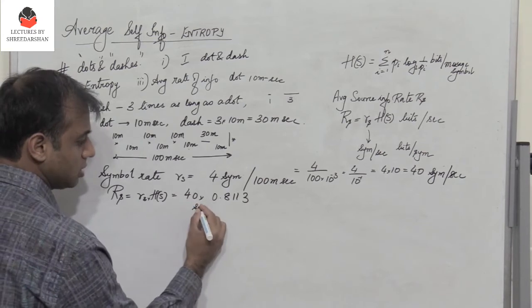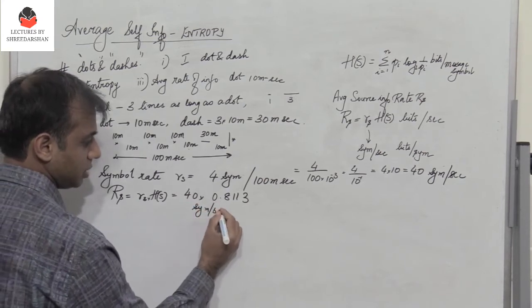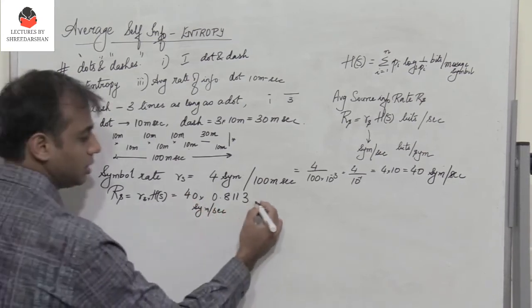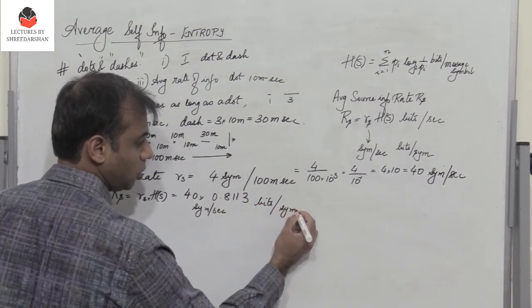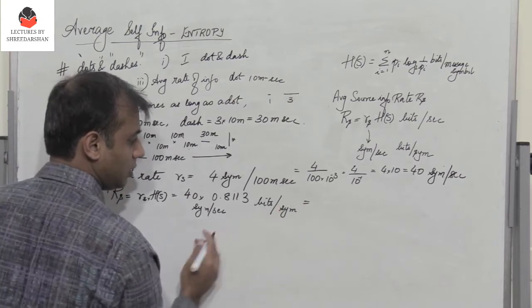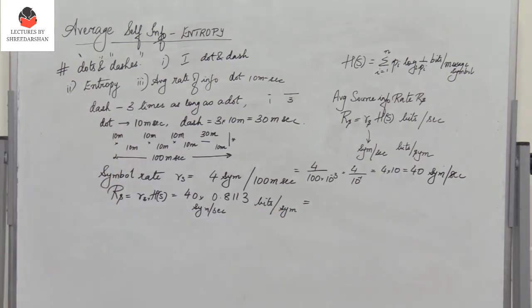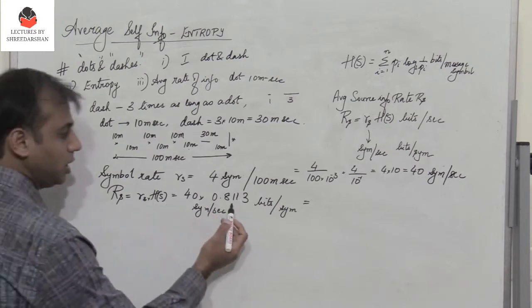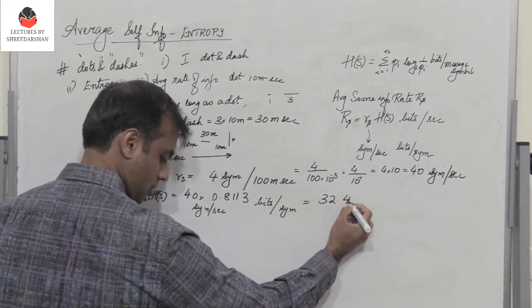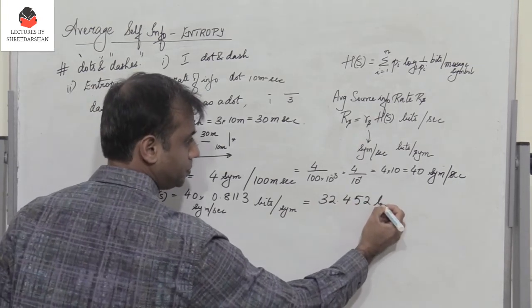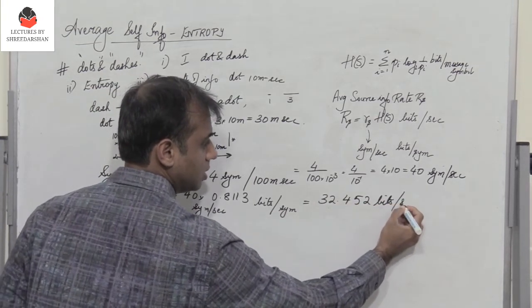The units here are symbols per second, and here it is bits per message symbol. So I get the final value as 40 into 0.8113, which is 32.452 bits per second.